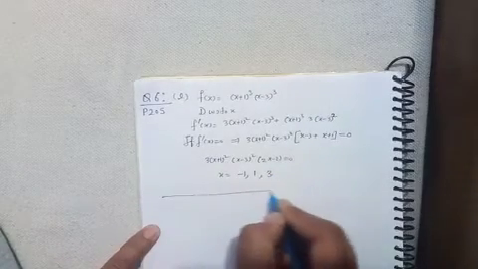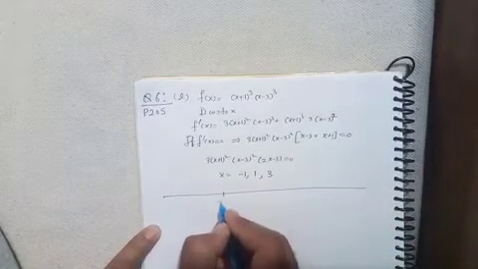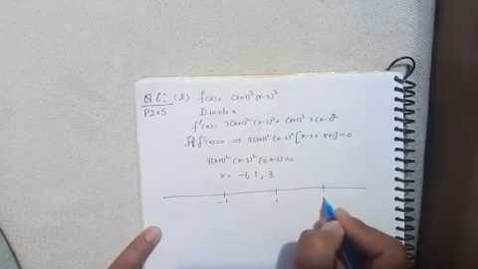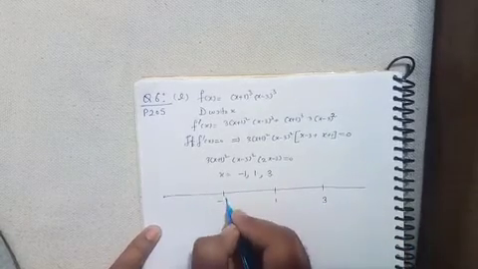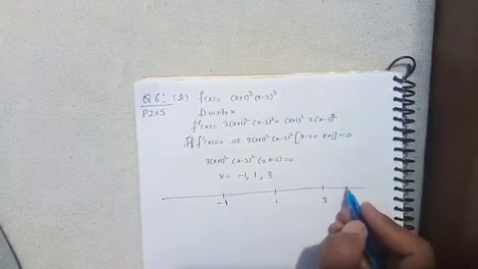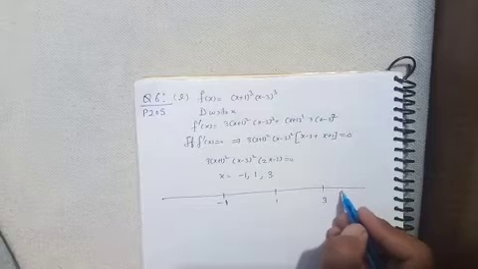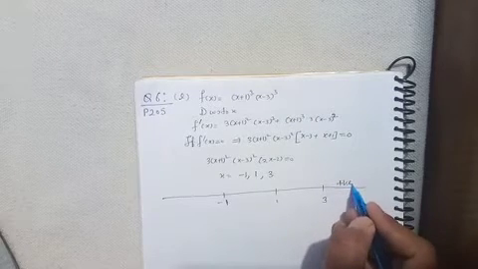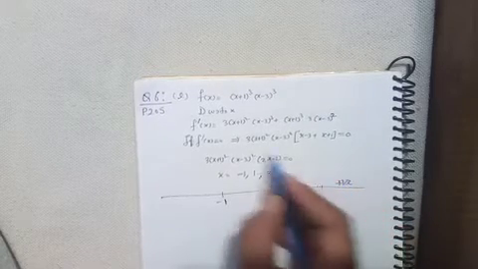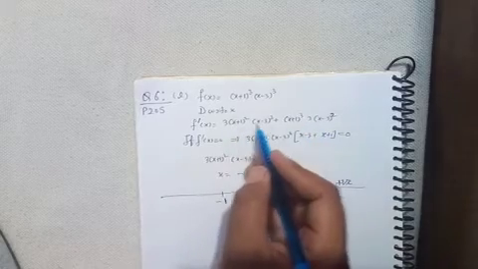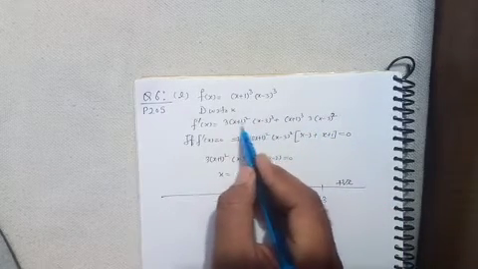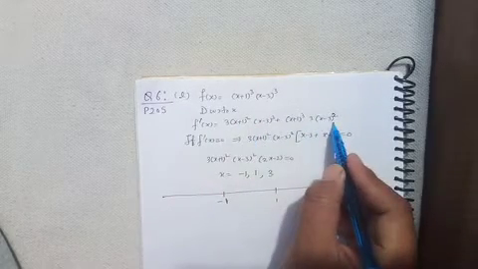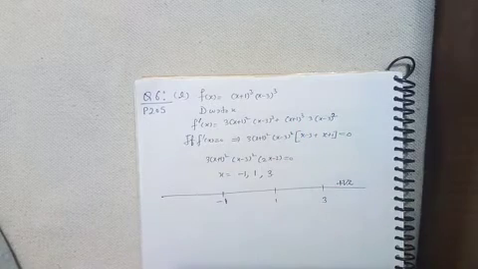Plot these numbers on real number line: minus 1, 1, 3. The extreme right interval will be positive, as the coefficient of the highest degree term of x will be positive. The highest degree term will be x to the power 5 if you multiply these expressions, and its coefficient will be plus 6.